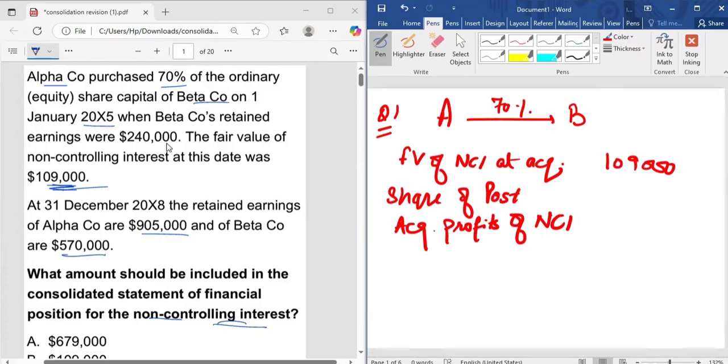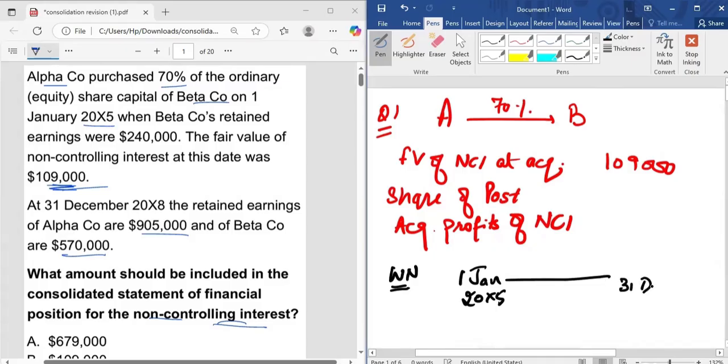So this company was acquired. Just a second, let me change the color. This is our working note. We acquired this company on 1st January 20x5, and today we are standing at 31 December 20x8. It means 5, 6, 7, 8, after 4 years.